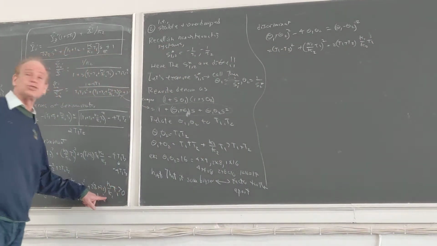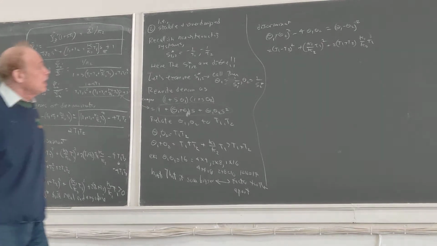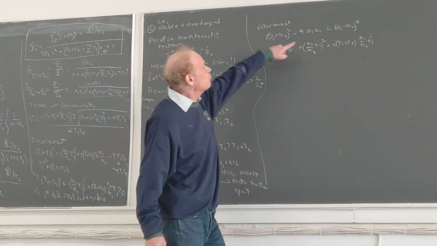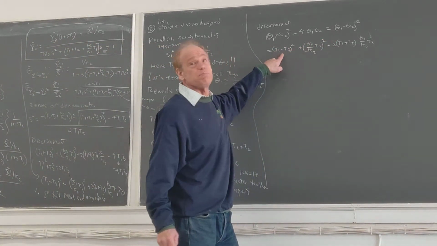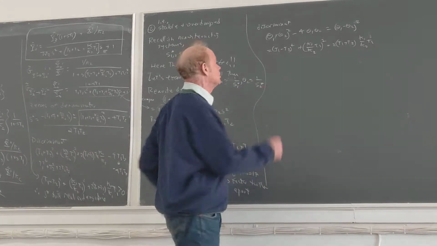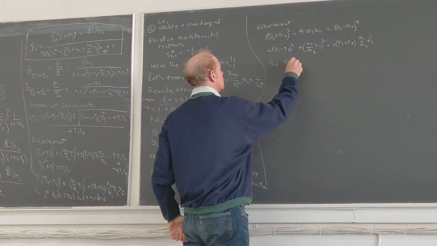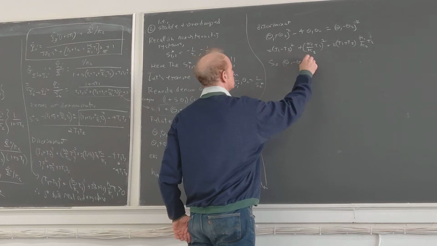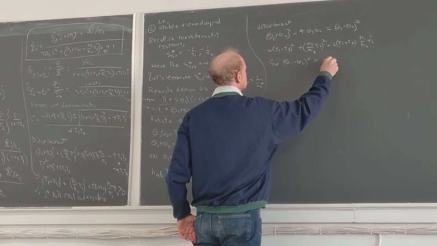We calculated, here's the discriminant. I just copied it. So you can see that theta 1 minus theta 2 squared is bigger than T1 minus T2 squared.